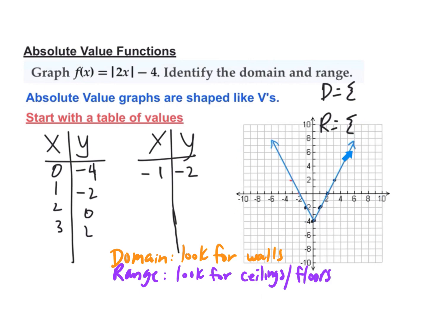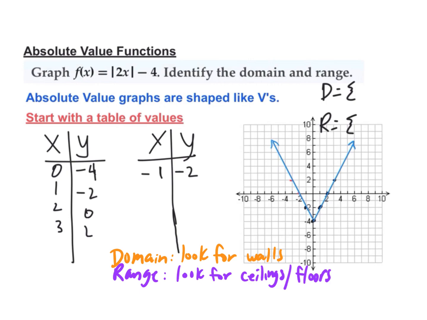We know this graph goes up and right forever. That's what the angle is. It's not vertical, it's not horizontal. It moves both up and to the right. This one moves both up and to the left. But when we're talking about domain, all we're worried about are walls, which means all we're worried about is a right wall somewhere, or a left wall somewhere.